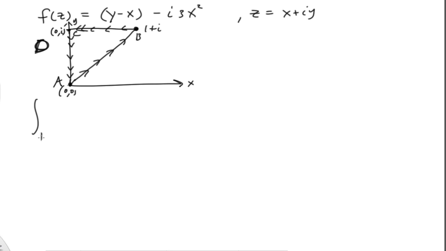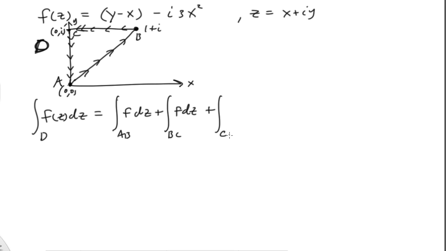So I want to integrate over D of f of z dz, and now I know this is going to be equal to the integral over AB of f dz plus the integral over BC of f dz plus the integral over CA of f dz, where these symbols now represent the respective line segments AB, BC, and CA.